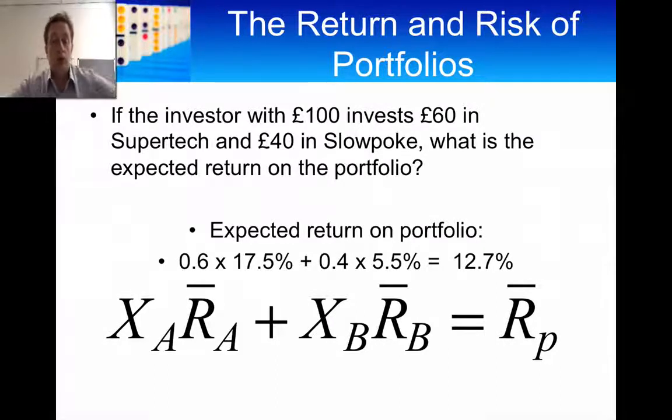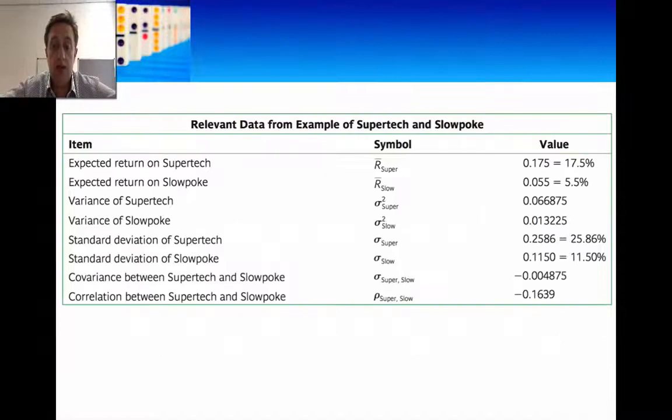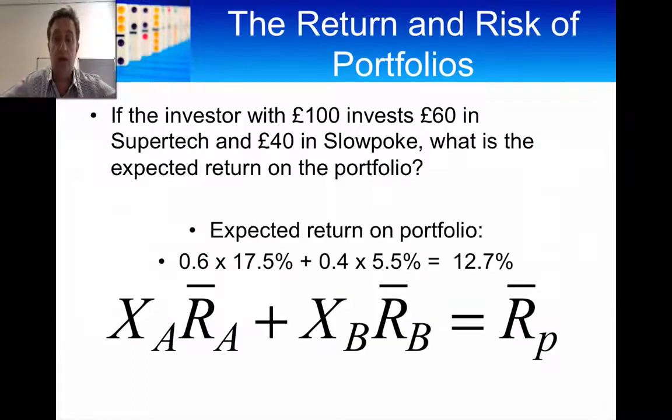So we've also got the expected returns of both Supertech and Slowpoke. If I take you just back to the previous slide, you can see that the Supertech expected return is 17.5% and the Slowpoke expected return is 5.5%.